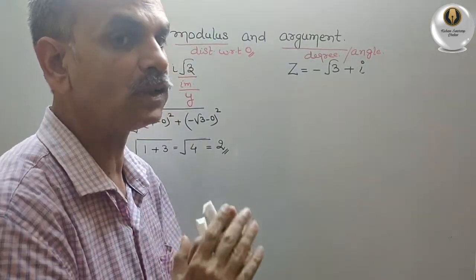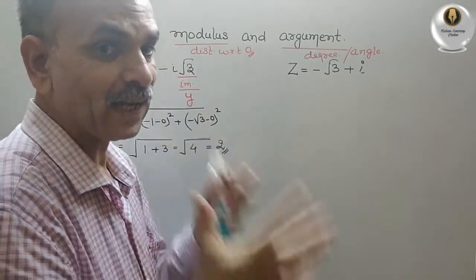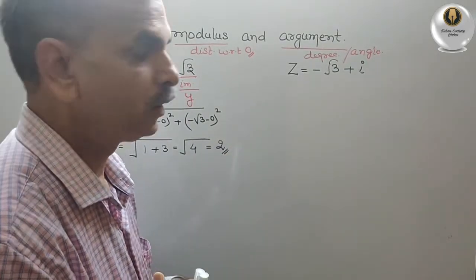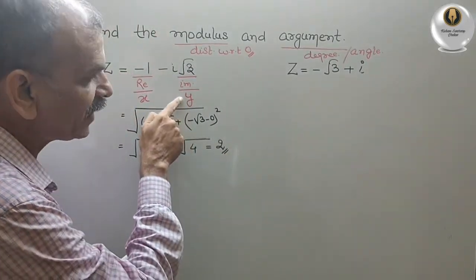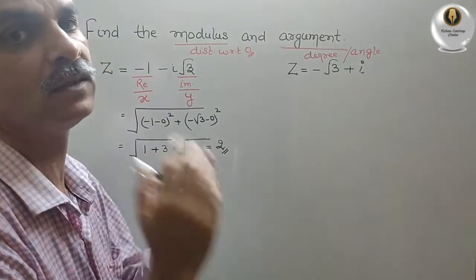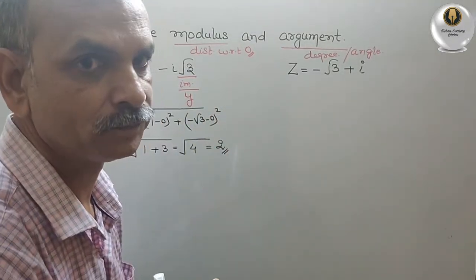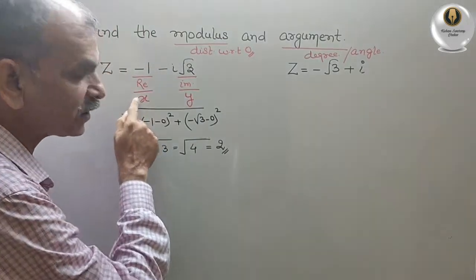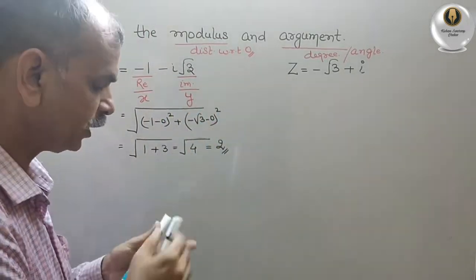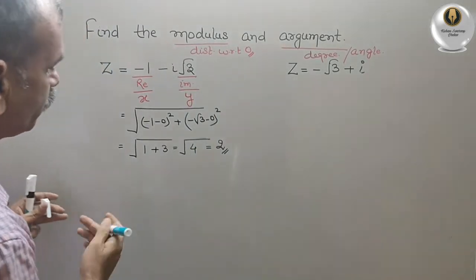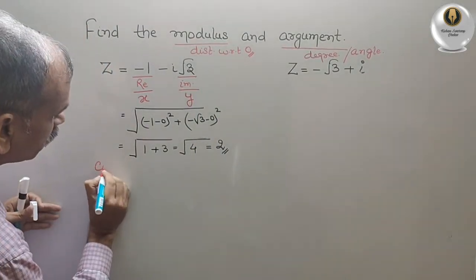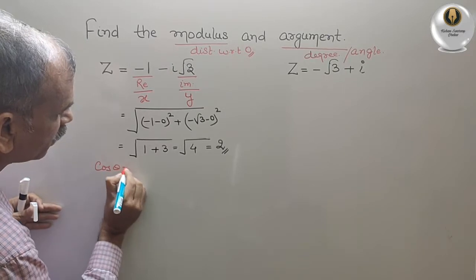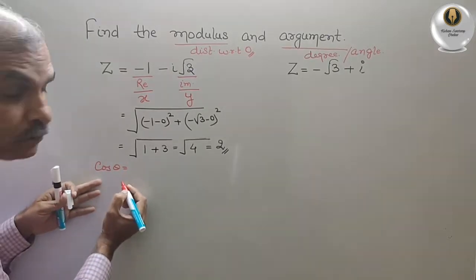Next comes your argument. How will we find the angle of that? We know that on the y-axis sine will be there, and on the x-axis cos will be there. So cos theta is equal to what?